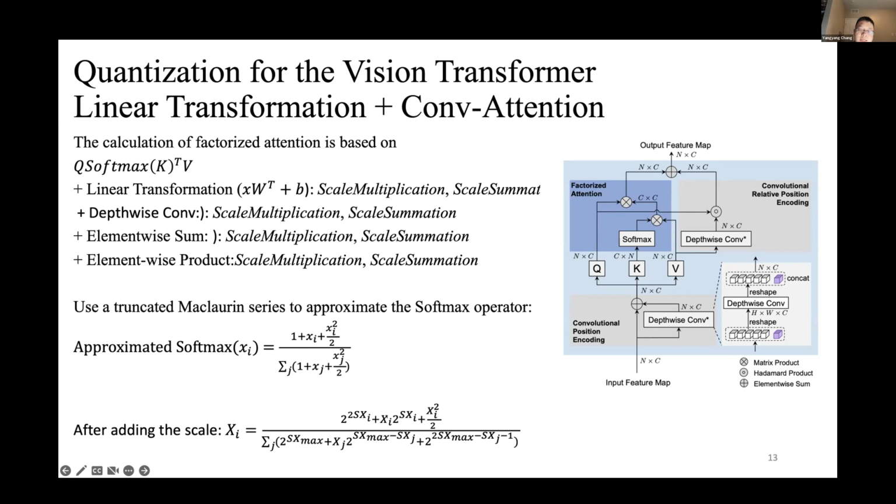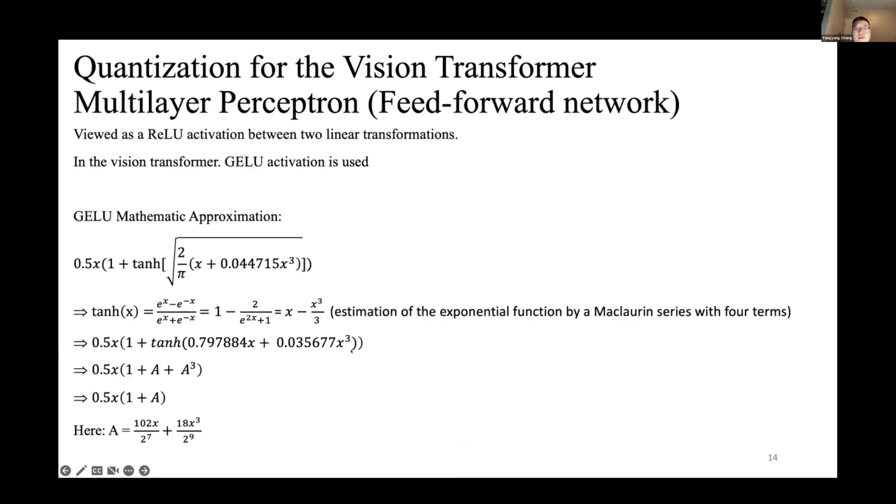The scale of the x square over here, so we need to add a 2 over here. So pretty much we can achieve the softmax with the Maclaurin series.